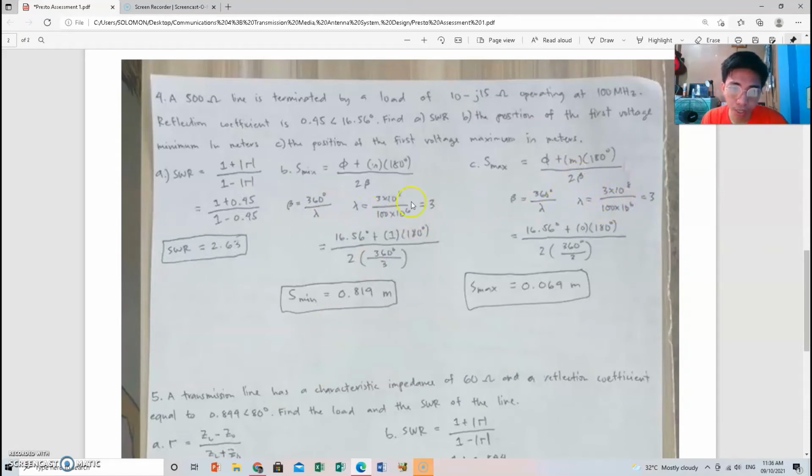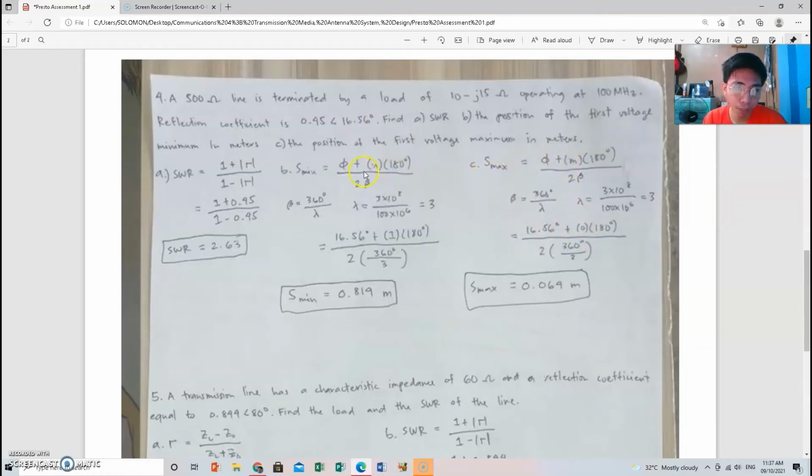The same with here. So again, it is equal to 3. So inputting the values, we have S sub max will be equal to the angle here, 16.56 degrees, the angle of the reflection coefficient, plus quantity 0 since we are finding the maximum.